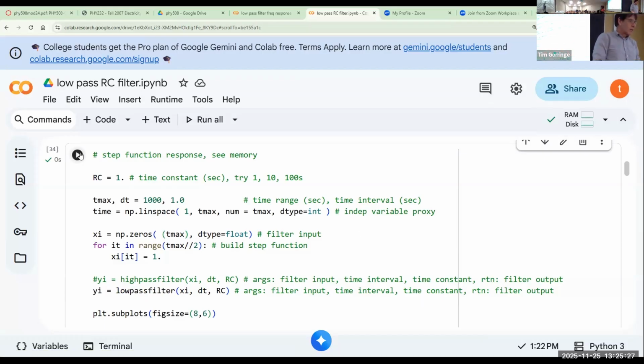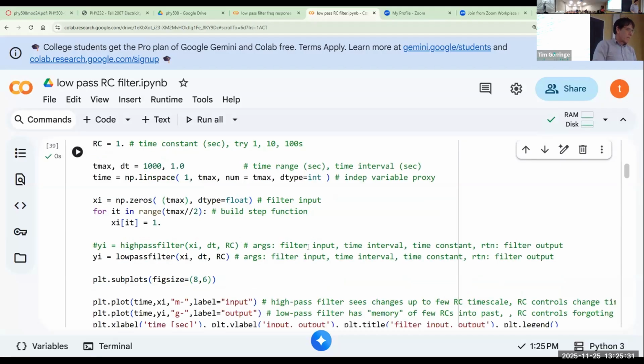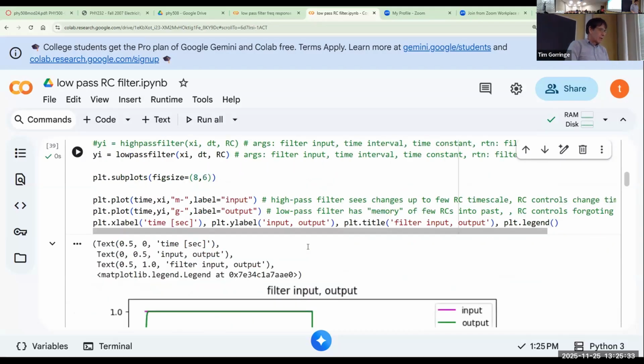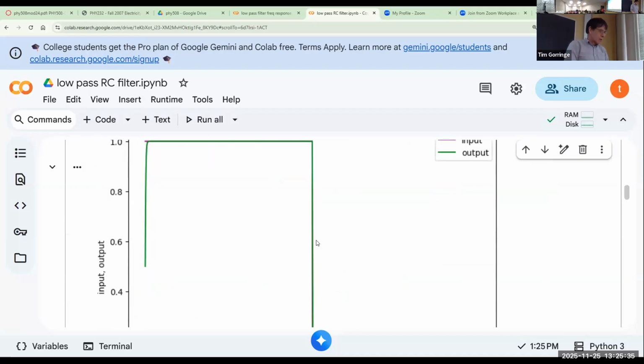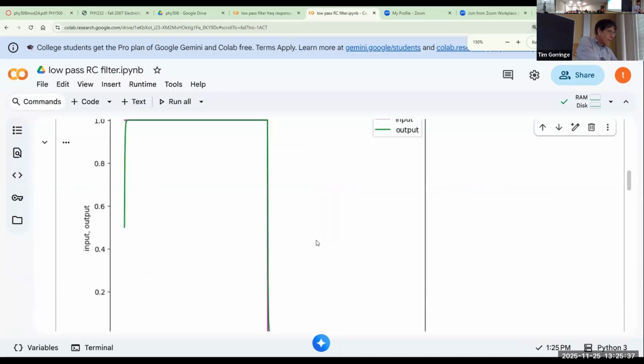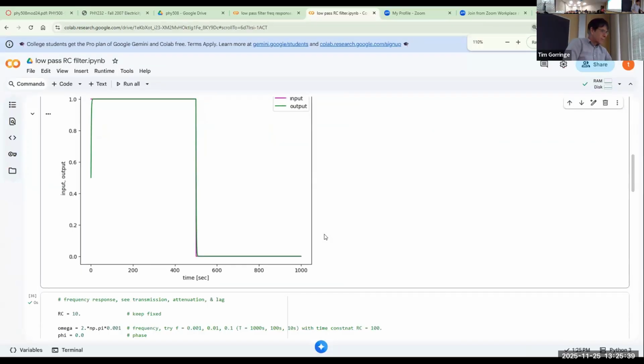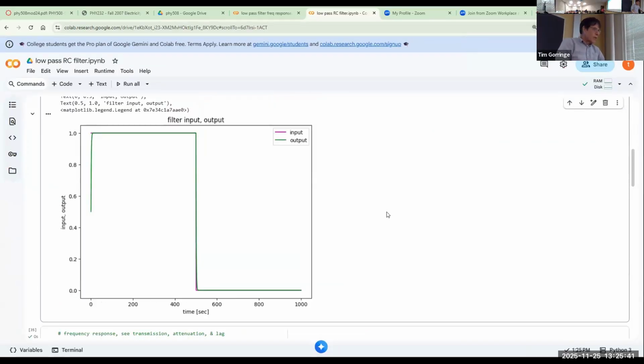So if I run this, in this case, the magenta is the input. It's a little hard to see the difference. Magenta is the input, and the green is the output.